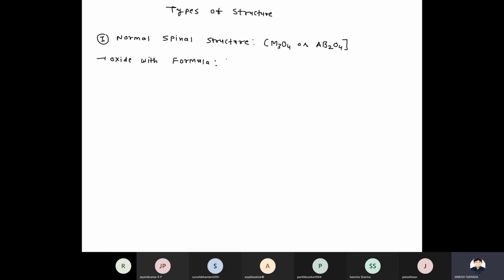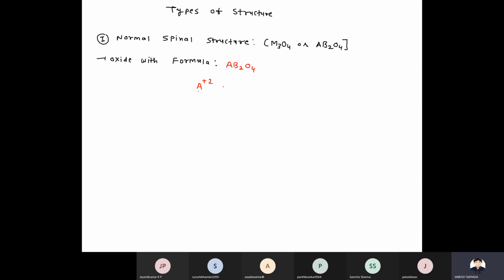So out of these 3 metals, suppose the formula is AB2O4, in which one metal is in a +2 oxidation state and the other 2 metals are in a +3 oxidation state.